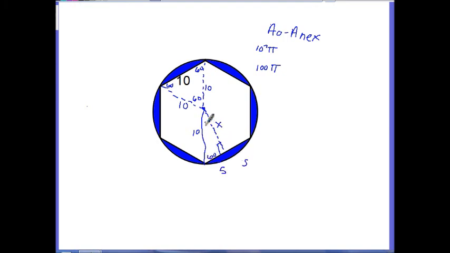If across from my 30 was my 5, across from my 60 is 5 root 3. Area of the hexagon is 1/2 the perimeter. We have 6 sides of 10, so 60, times my apothem, 5 root 3. Half of 60 is 30. 30 times 5 root 3 is 150 root 3. So the area of my shaded region is going to be 100 pi minus 150 square root 3.